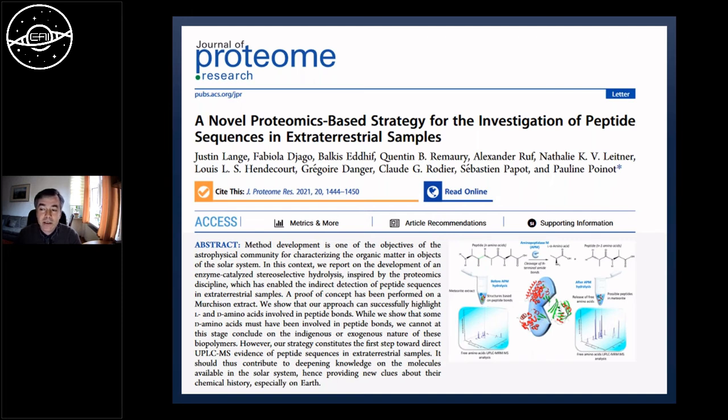But as you may understand, it's not so simple. But in combination with our result, this detection of proteins becomes more confident.